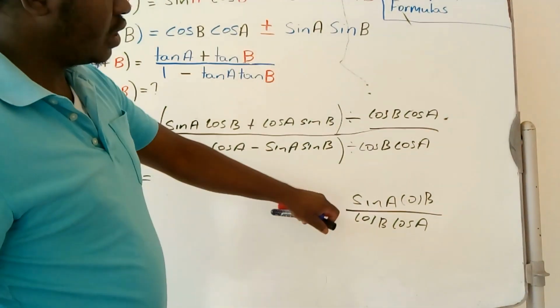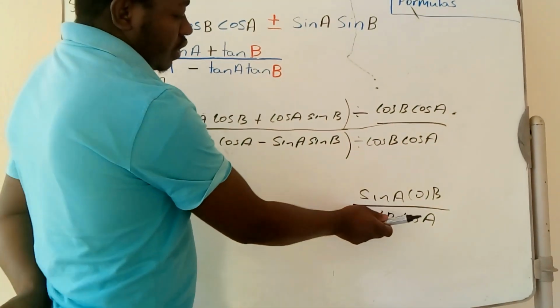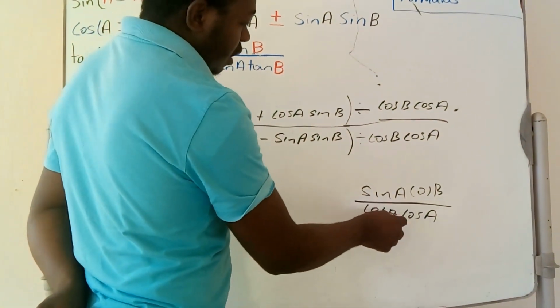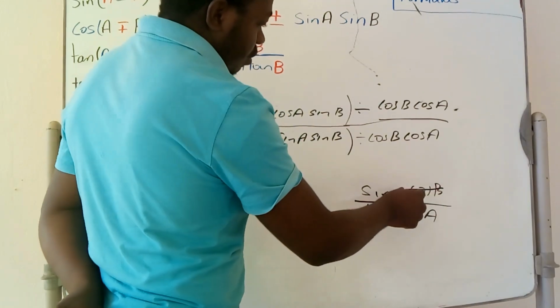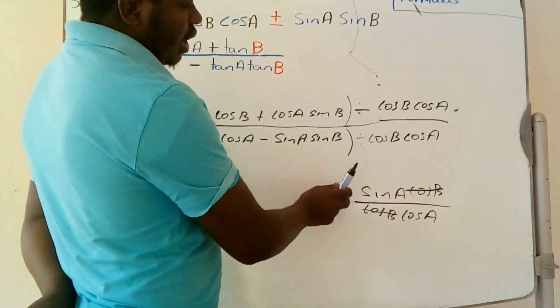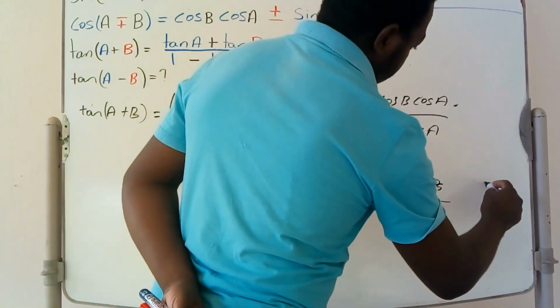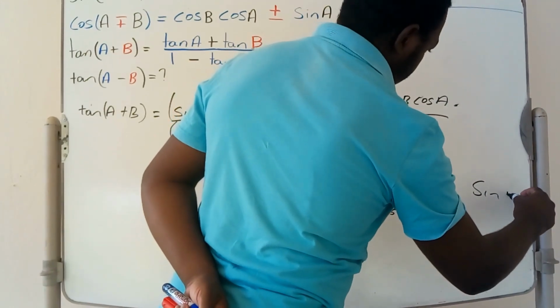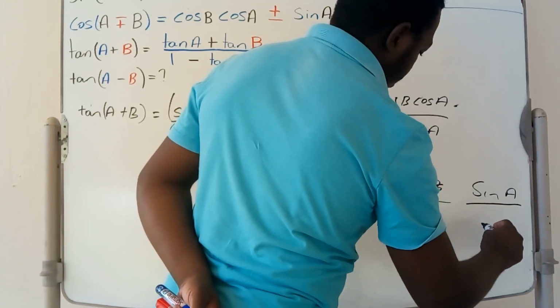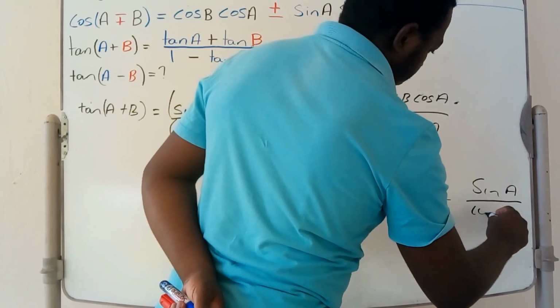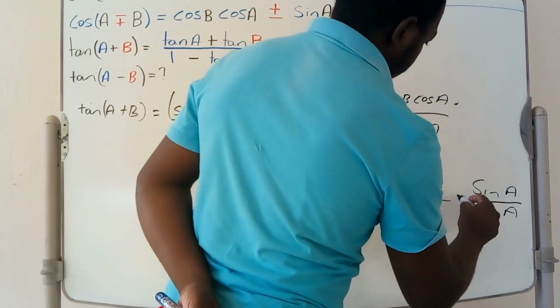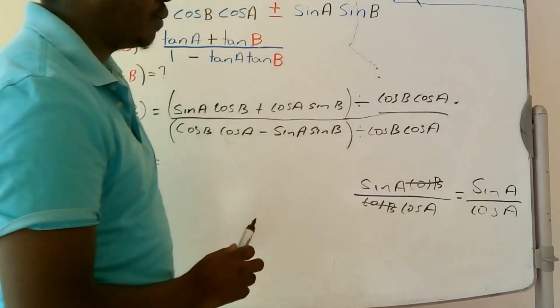What can cancel out here? Here I have a cos B here. So this cos B cancels out this cos B. So all I'm left with is just sine of A over cos of A, right? That's what I'm left with after dividing.